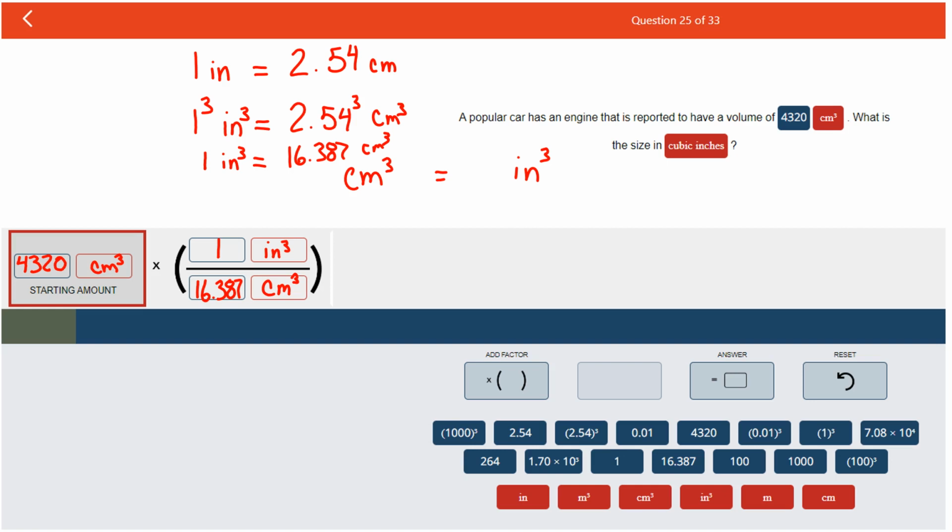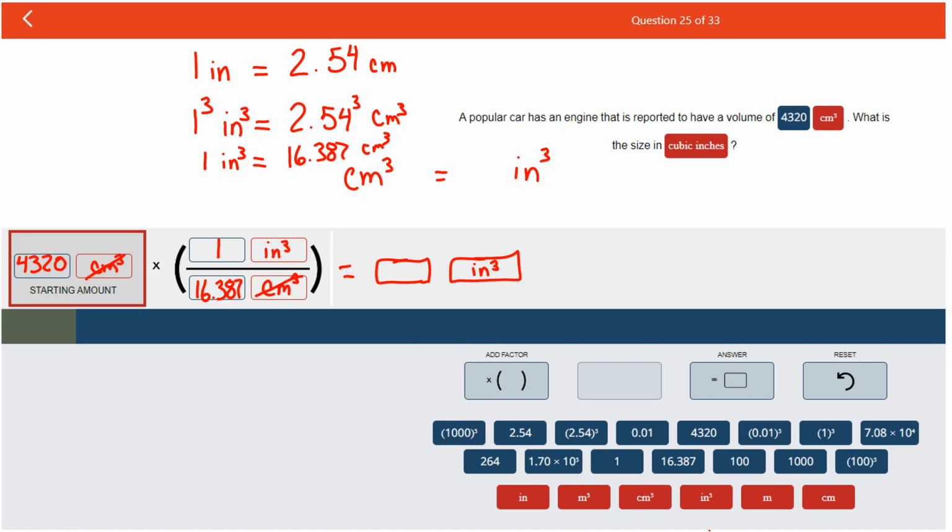All right. Now the next thing I'm going to verify: does centimeters cubed cancel based off of what I set up? And then I'm going to put my answer box there. My answer should be in cubic inches.